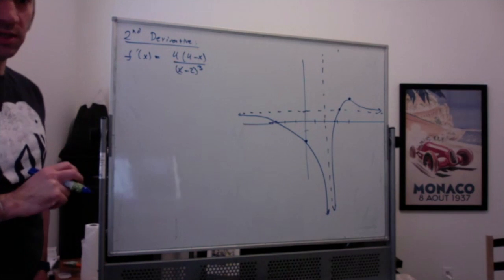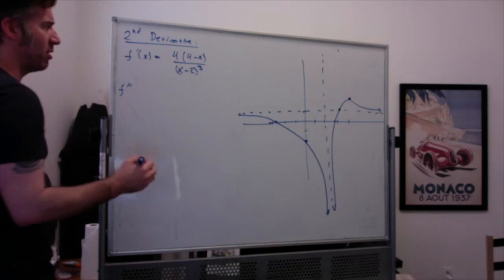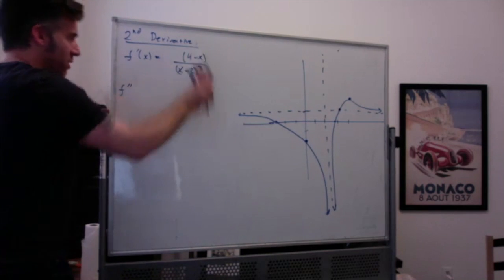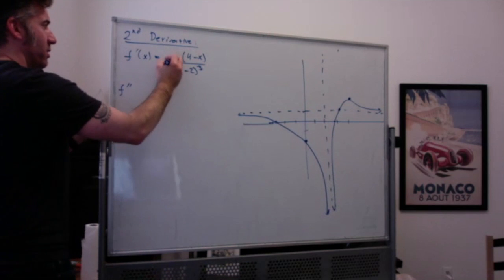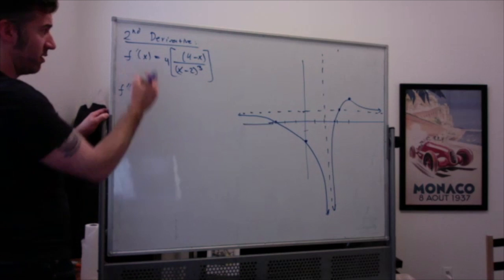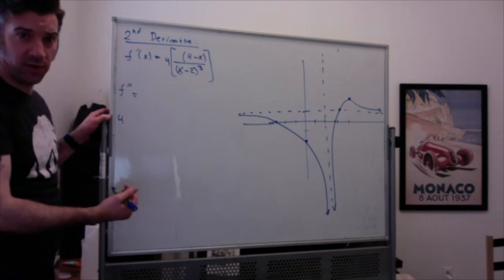So we're going to use this to find the second derivative. Let's be smart about this. Let's just factor out the 4 and think of it as being way out in front. So then we take the derivative of the derivative. The 4 is just going to hang out, and we'll use the quotient rule on this part here.